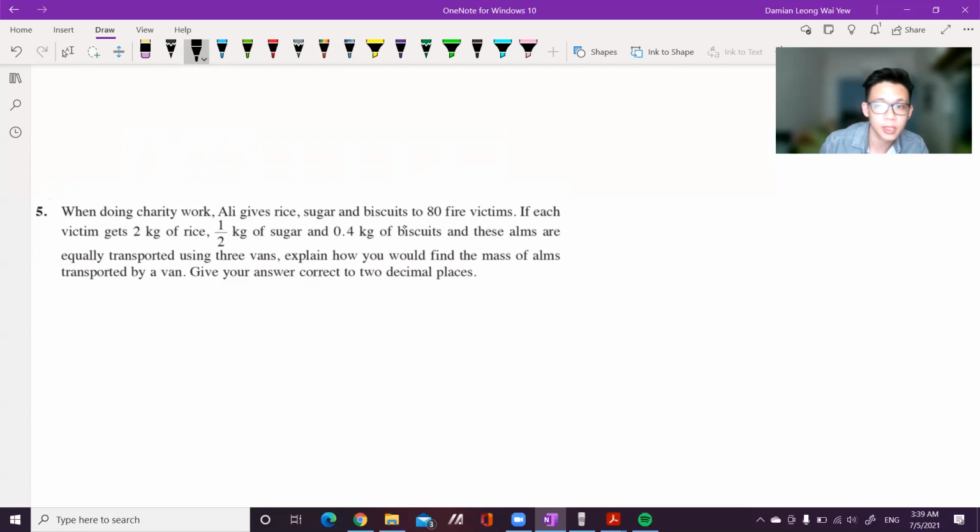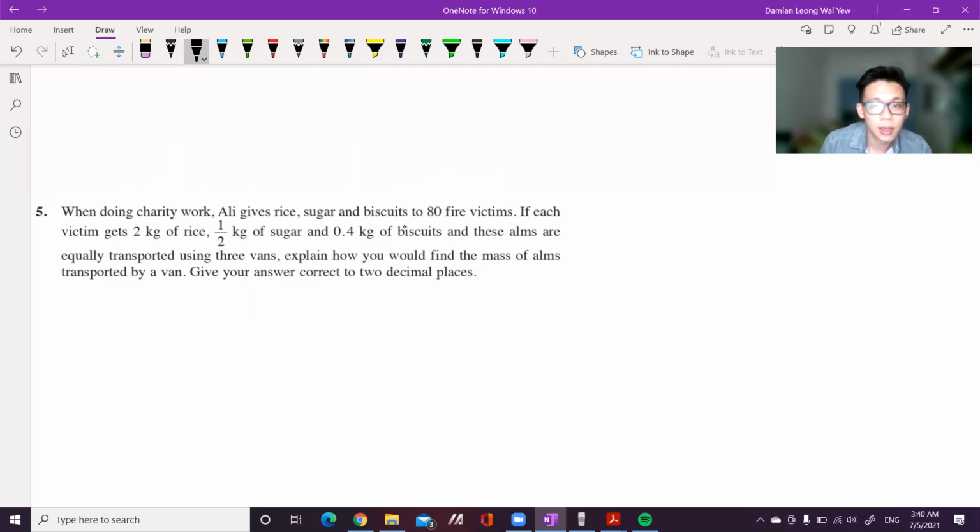Okay, it means I split into 3 different vans. So explain how you would find the mass of alms transported by a van. Means transported by 1 van. Means I have to divide the total mass by 3 vans. So divide by 3. Okay.